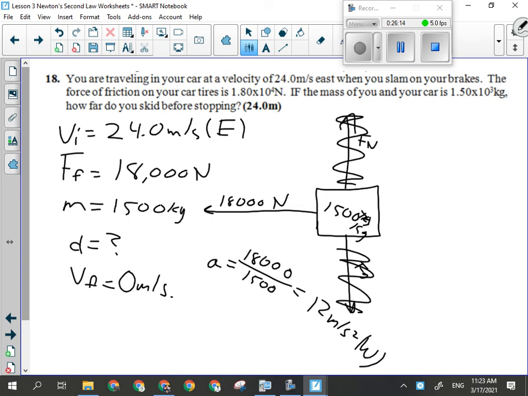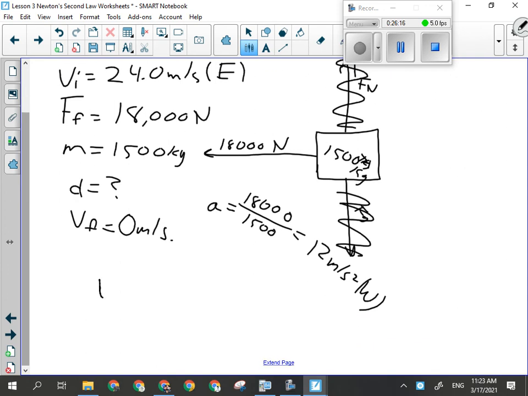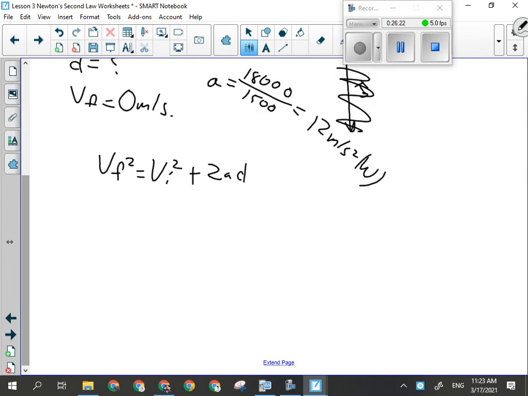Now, I can calculate how far it travels using this formula, Vf squared equals Vi squared plus 2AD, just solving for D. So D will equal Vf squared minus Vi squared over 2A.